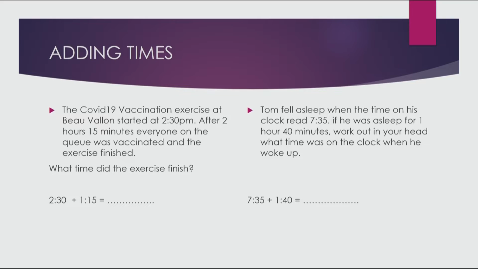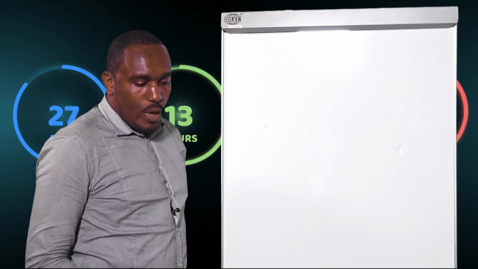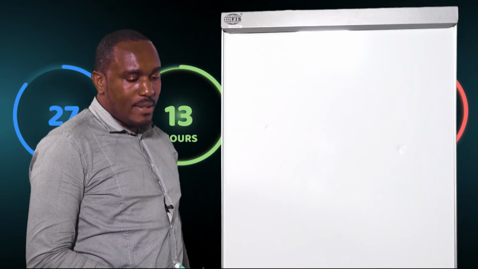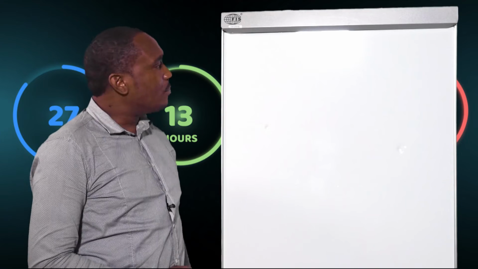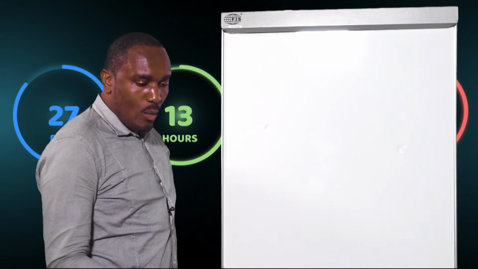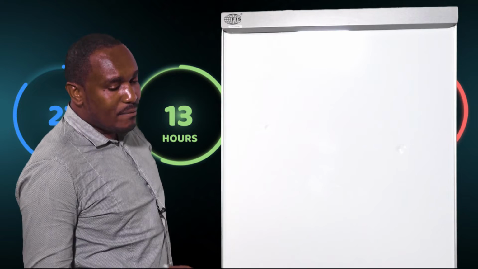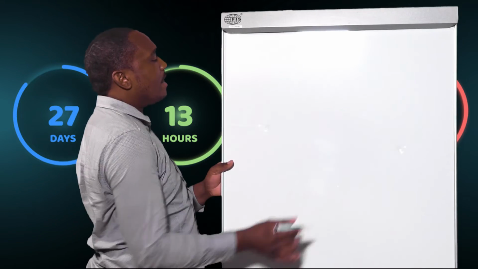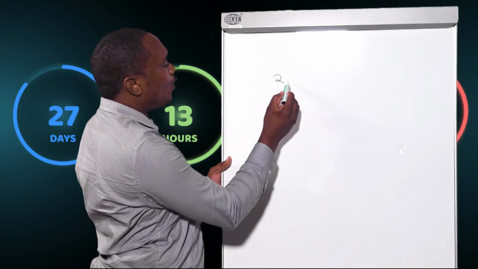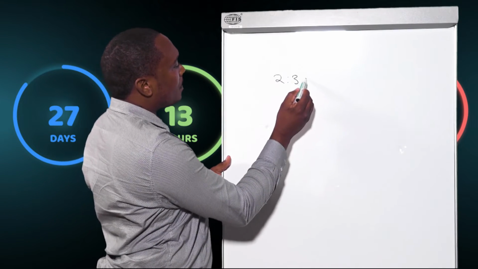So that is the question. Okay, so we now go to the examples and see how it is being calculated. We look at the time when this vaccination started. So the vaccination started at 2:30.